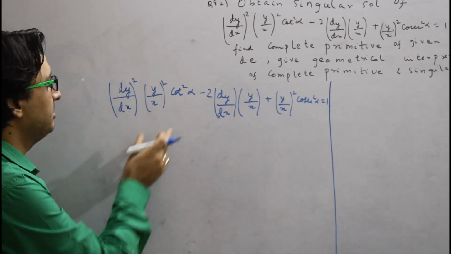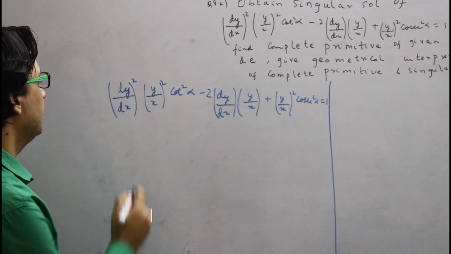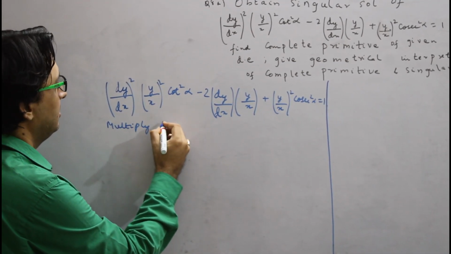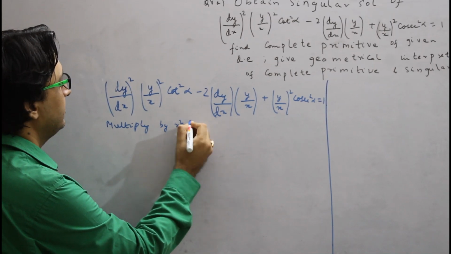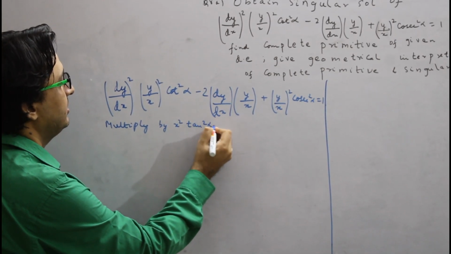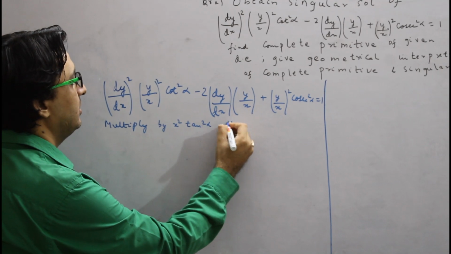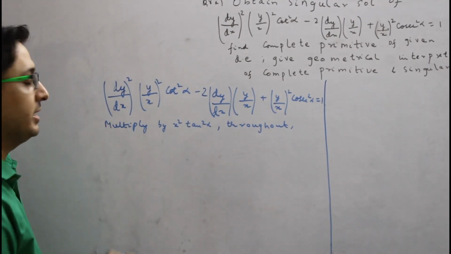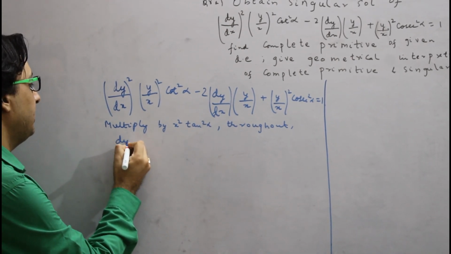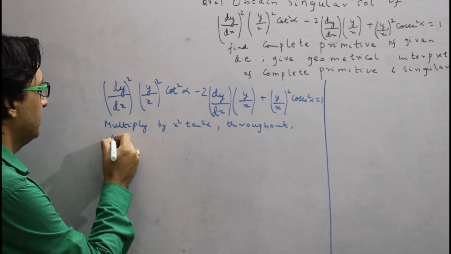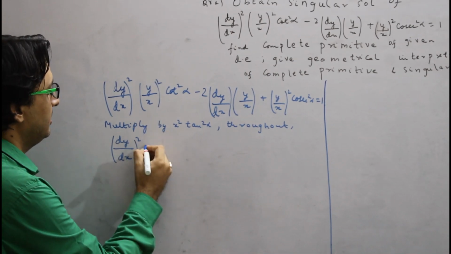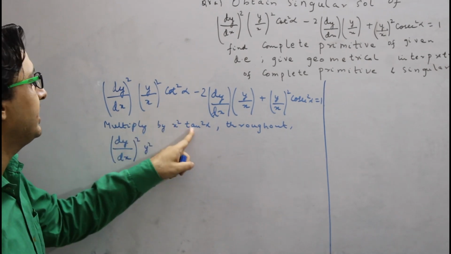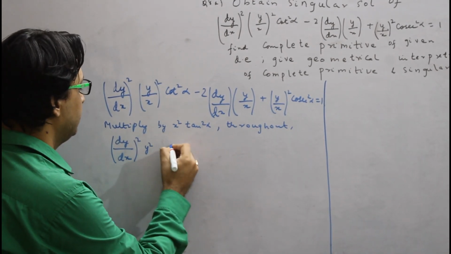So what we will do, we will try to simplify this equation. That is, we will multiply by x² tan²α throughout. So we are going to get (dy/dx)² y², x² and x² get cancelled, cot² and tan² get cancelled.